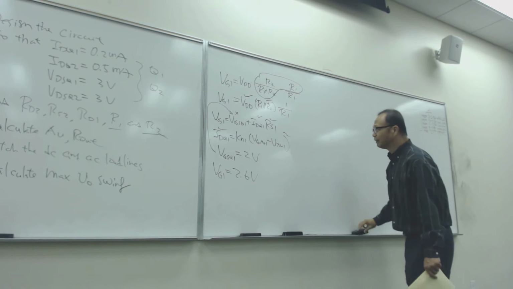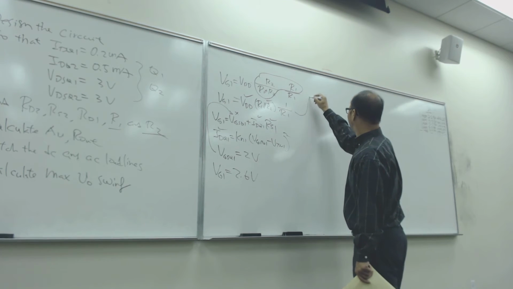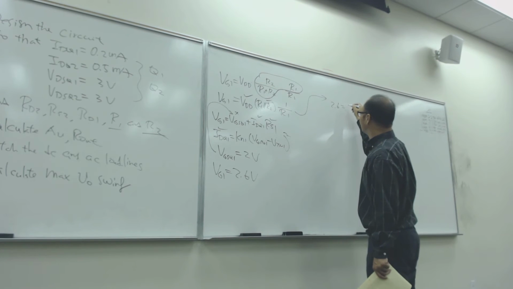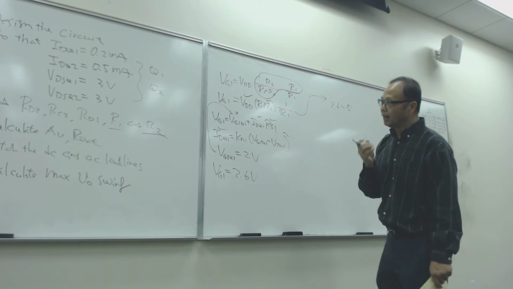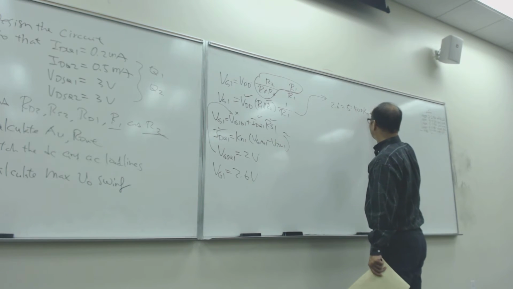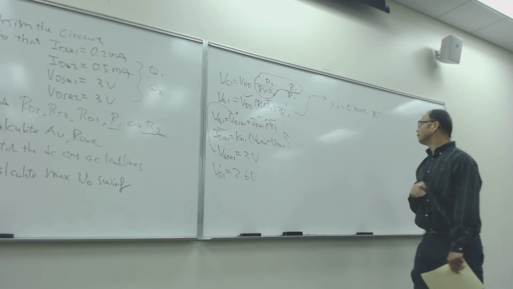Finish this part. Okay, so you go back here, right? From here, VG1 is 2.6, right? So 2.6 equals VDD, which is 5, times R1 R2 parallel, which is 400k, times 1 over R1.